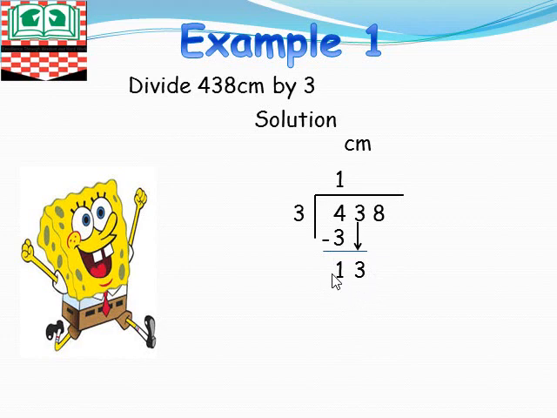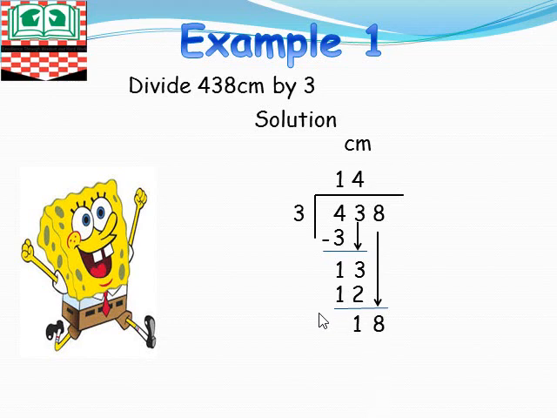So we're going back to divide. Now divide 13 by 3. 13 divided by 3 gives us 4. We can find 4 3's in 13. The next step, 3 times 4 is 12. So what do we do next? We subtract. And then we bring down 8.